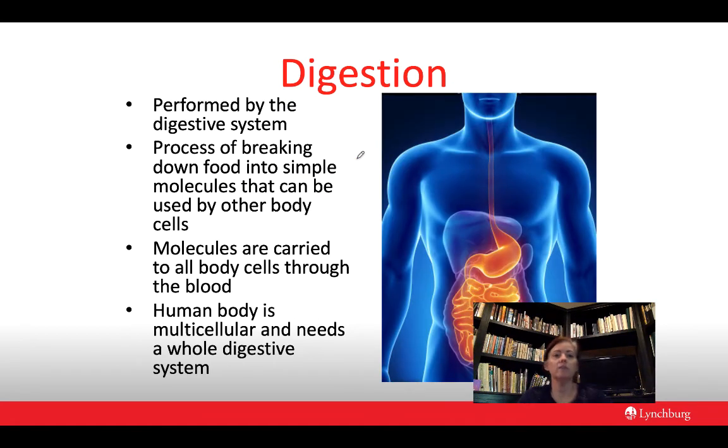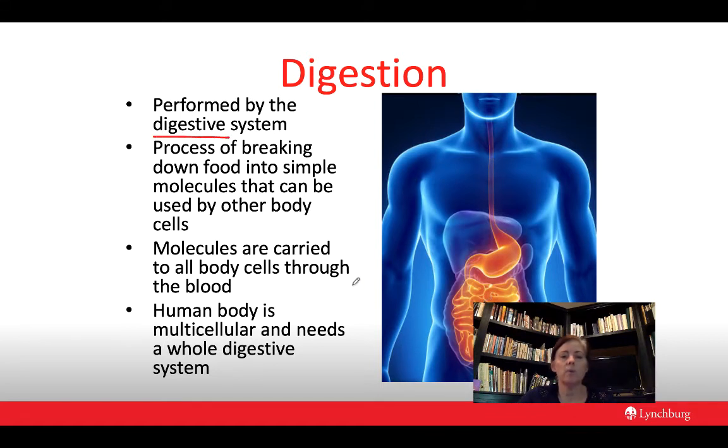Digestion. And so this is the process of breaking down food into simpler components or simpler molecules that our body can actually use for energy and for building blocks. So this is performed by the digestive system. So we have our digestive tract.